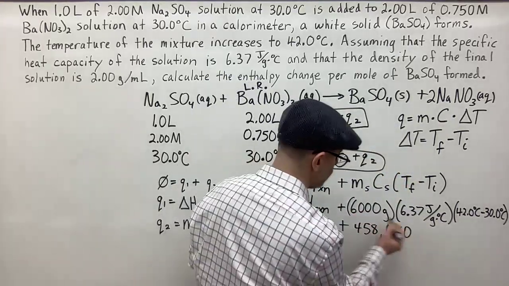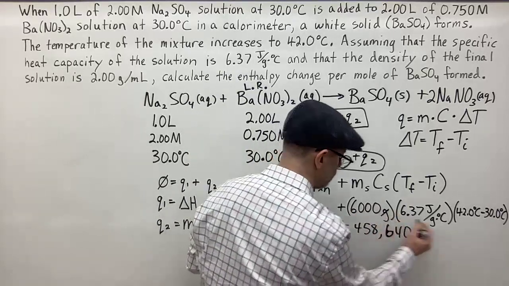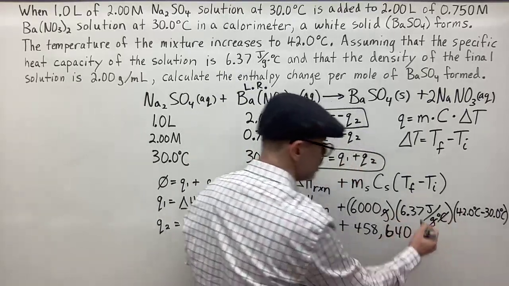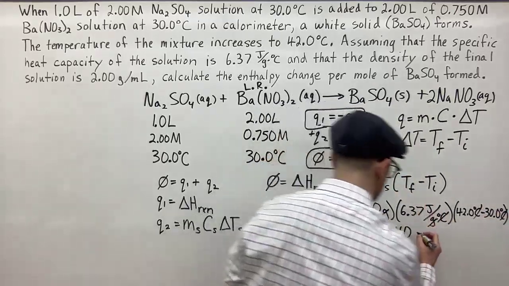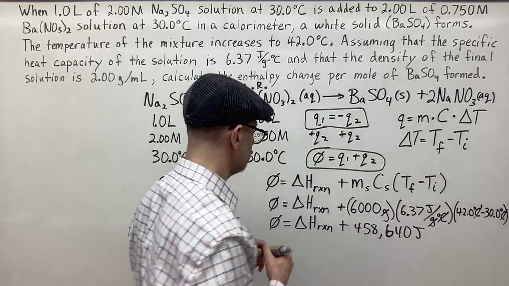Right? And then watch here. So we have grams cancel out. The degrees Celsius are going to cancel out here. And then we are left with joules. So this is going to be joules.